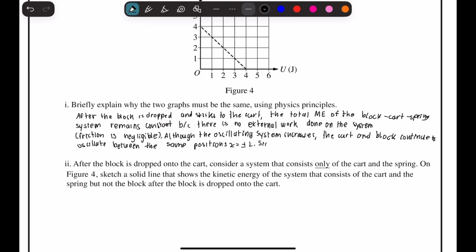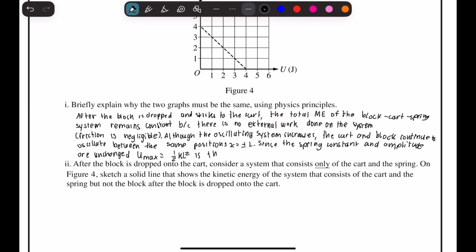And then, since the spring constant and amplitude are unchanged, that means the max spring potential energy, U max, is equal to 1/2 KL squared.